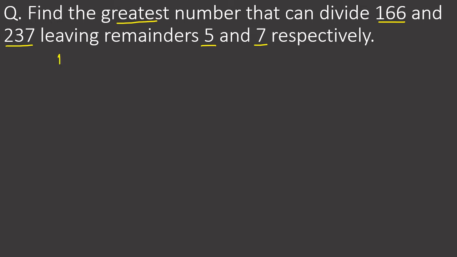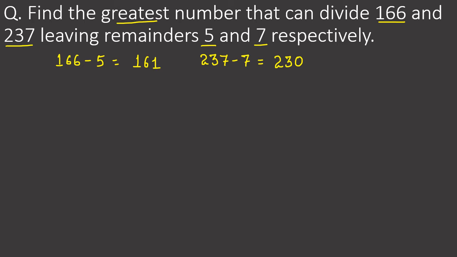So 166 minus 5 is equal to 161. 237 minus 7 is equal to 230. Because when we subtract the remainders from the numbers, then the dividend becomes exactly divisible by the divisor.